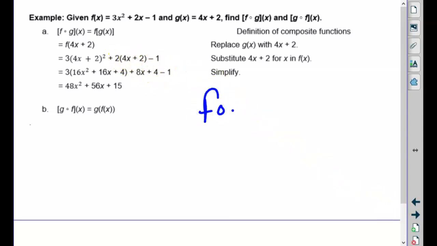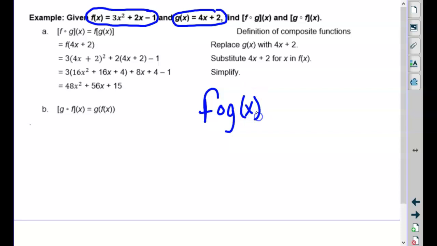So let's figure out what that even means. So f of g, it says here's f and here's g. If you were asked to do f of g of x, I used a square bracket, okay. If you were asked to do this, you're putting g into f.